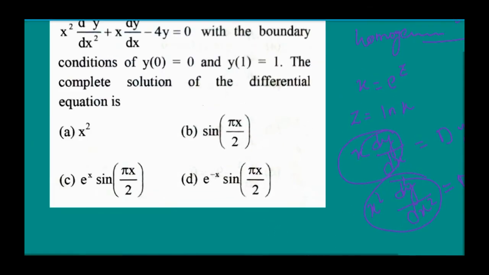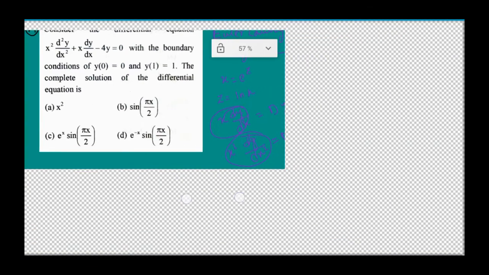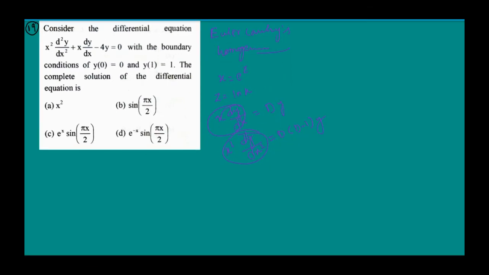So if we put these values in the equation, what will be the equation? This is D into D minus 1 of y plus Dy minus 4y is equal to 0.